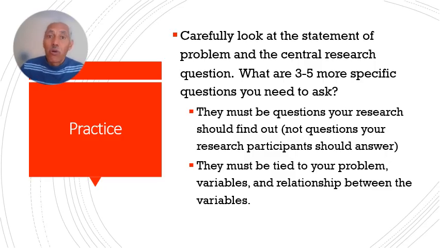So looking at your own research problem, change that into a central research question, and then ask yourself, what are the smaller questions I need to ask to be able to answer my big central research question? You need to come up with the smaller research questions.